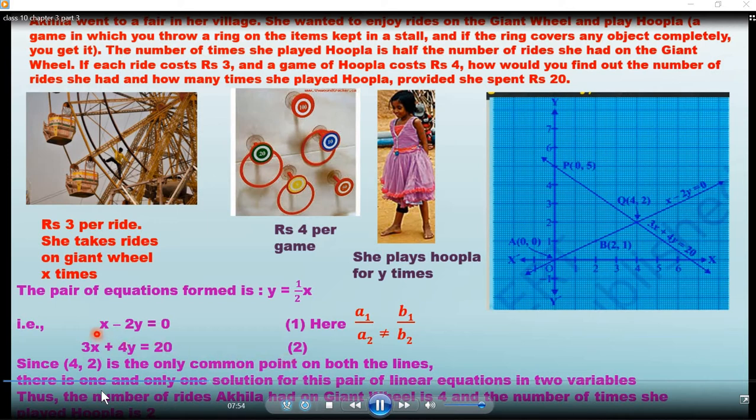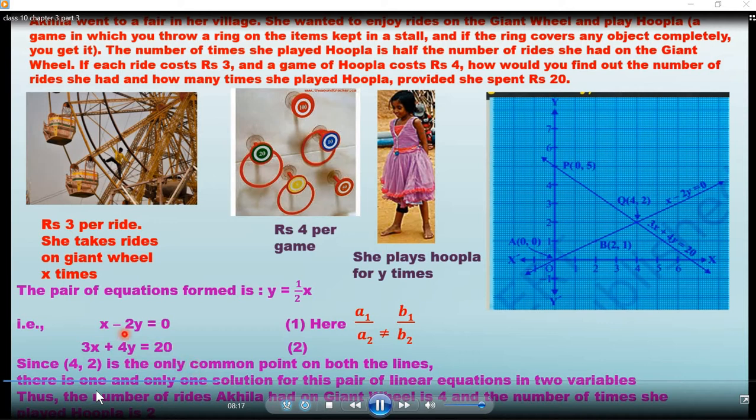Once again, if we take the coefficient of X as 1 over here, then that is A1 and 3 is A2. Minus 2 is B1 and 4 is B2.